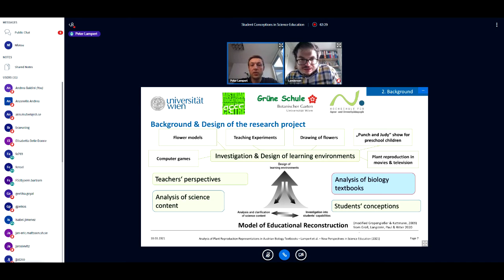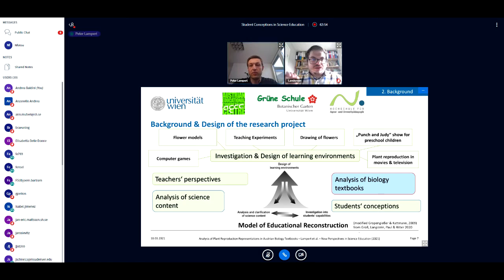So we use the model of educational reconstruction. I think you're familiar with it. And it has certain aspects like the analysis of science content, which you see on the left part. So we analyzed scientific books on the topic, but we also analyzed students' conceptions about plant reproduction, and we tried different approaches how to teach it.